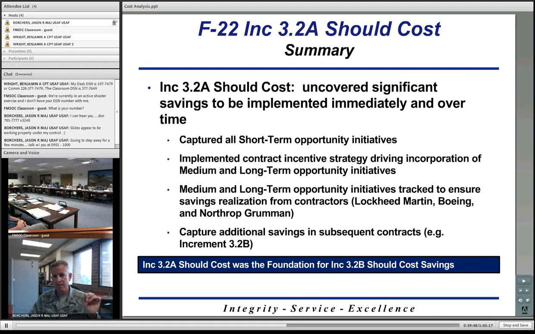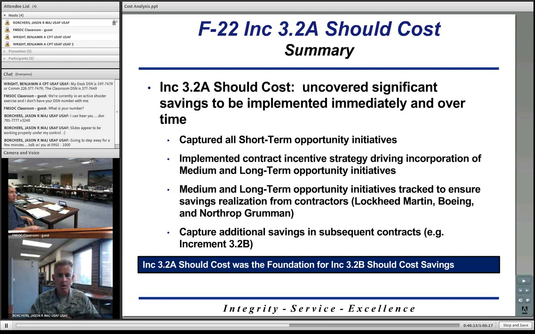They took a look and identified their savings both in the short term and in the long term, identifying potentially how much could be saved. And then they identified the areas to improve upon in the longer term, so that savings could be realized not only on the Inc. 32A effort, but on subsequent efforts as well.